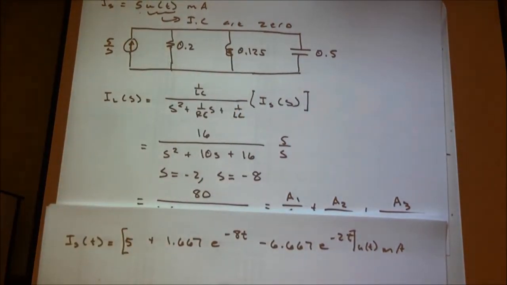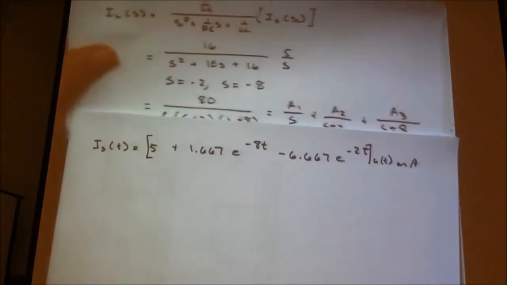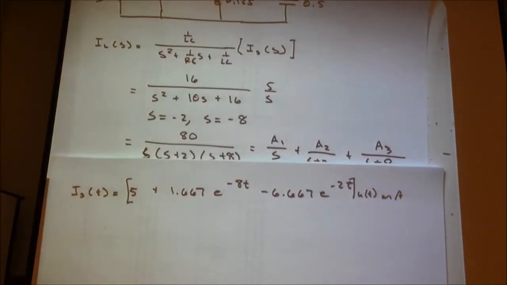You plug in t equals 0 here, does that check? Well, 6.667 minus 6.667 is 0 in my book. If you disagree, we'll take it outside and talk about it later. So certainly, those answers check. Now, that doesn't mean we did everything right, but our DC steady state and our initial conditions are correct.